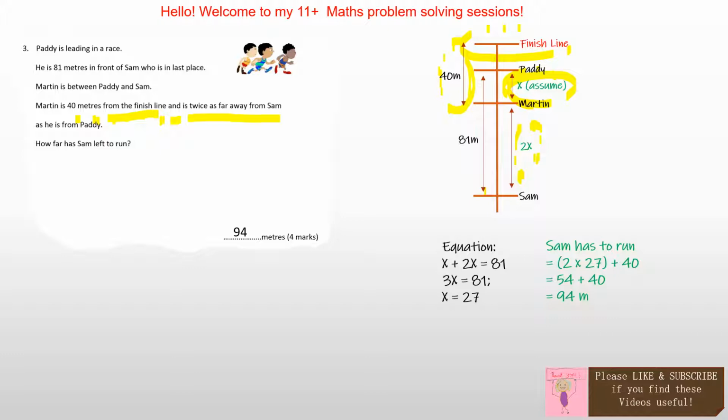And so we put it in an equation, that is x plus 2x is 81. So solving for x, we get 27. So Sam has to run the distance of 2x plus 40. So 2 times 27 plus 40, and that gives me 94 meters. So that is my answer.